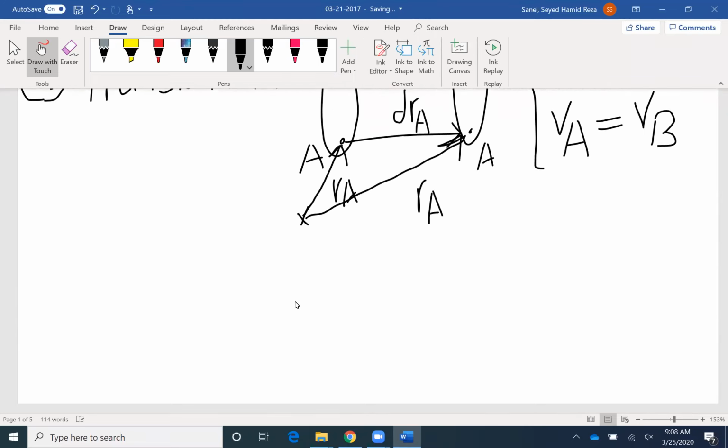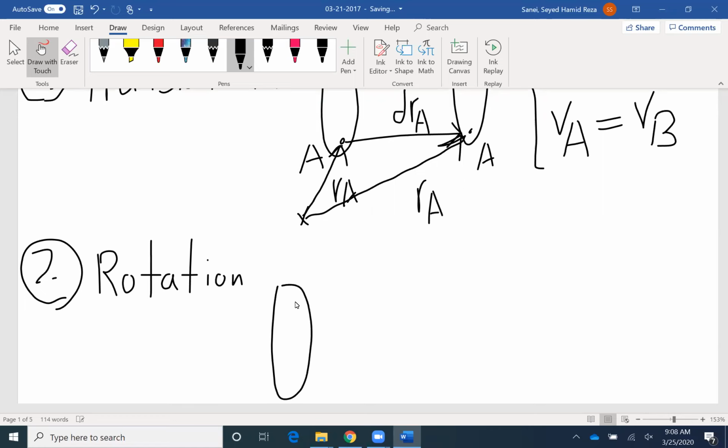The second type of motion that we talked about was rotation. So if we have our rigid body here, and this one is rotating about a fixed point, here our fixed point is A. And then we are going to have an angle theta, and therefore omega, and then alpha.